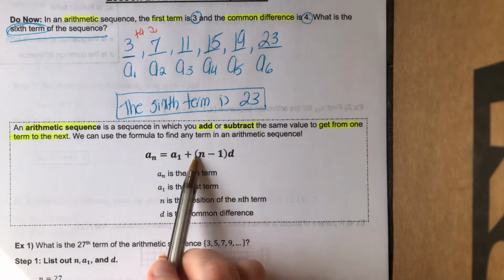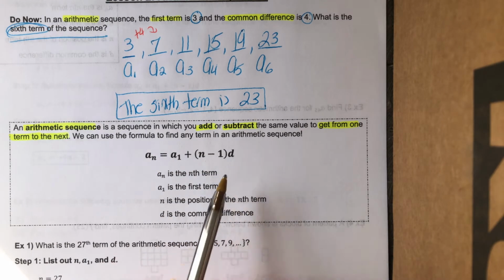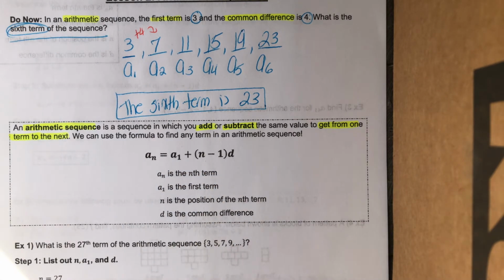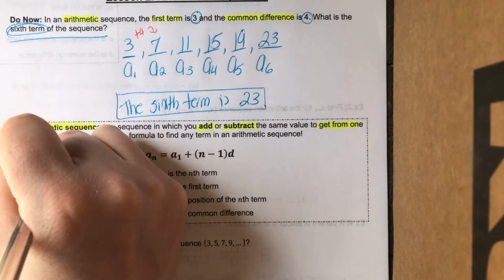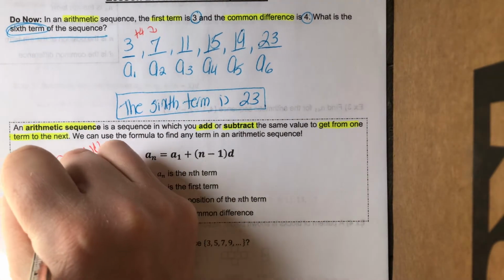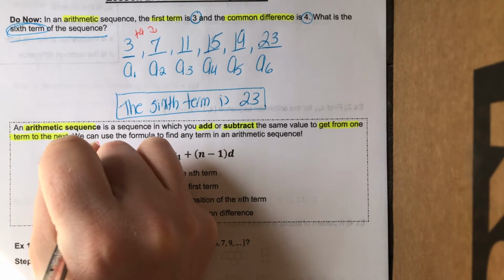This is going to be the formula that you're going to use if you're seeing an arithmetic sequence. You do not have to memorize this. Just like the last unit, exponential growth and decay, you don't need to memorize those either because they're on the New York State reference sheet. So I'm just going to write that here: New York State reference sheet.